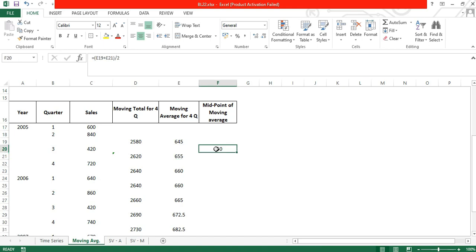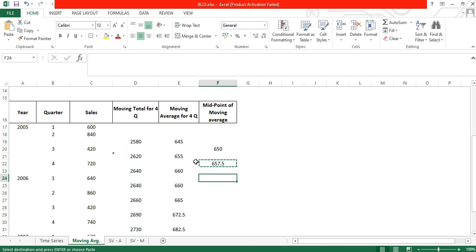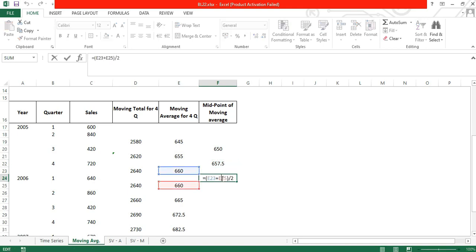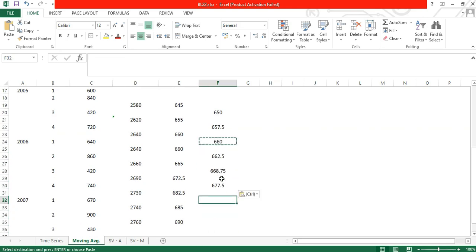Okay. Same thing you have to do for the next set of two values. So basically you must select pairs of two values and get your midpoint. Two values, midpoint; two values, midpoint.